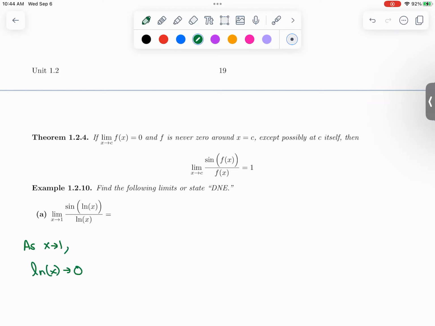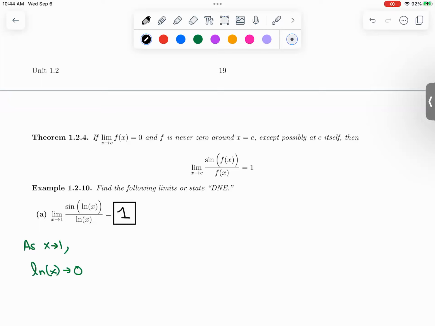So this will just equal 1. So a very, very useful theorem, and you can use this as fact. As long as the inside of the sine is the same thing as in the denominator, it's just going to equal 1.